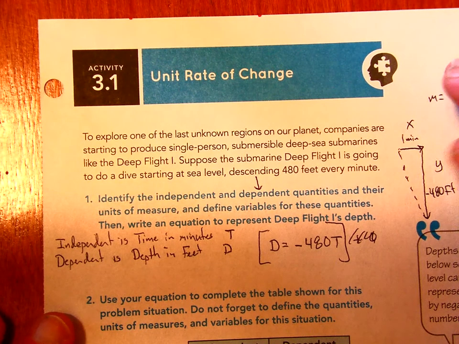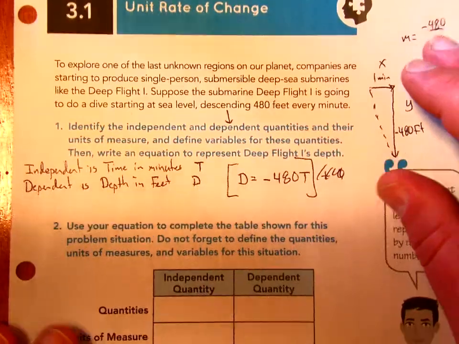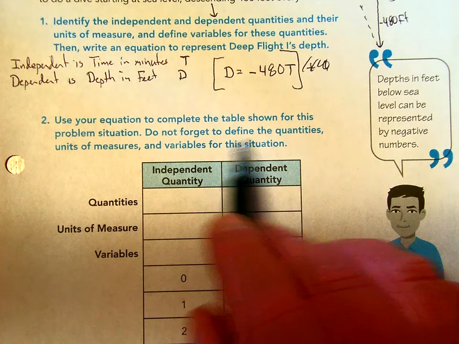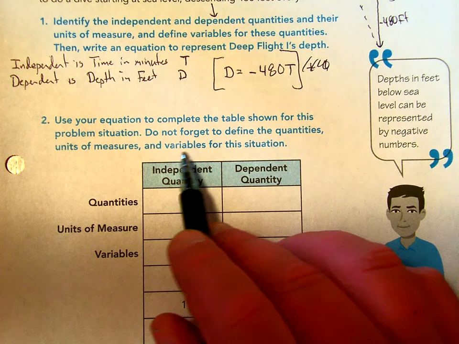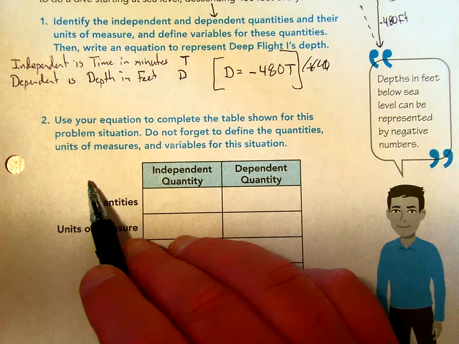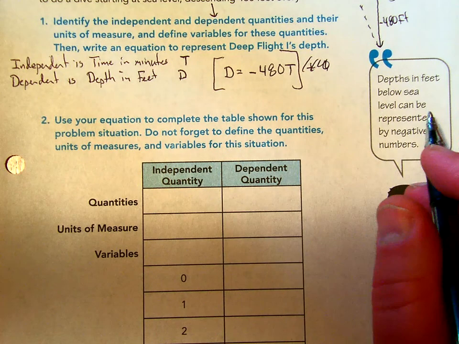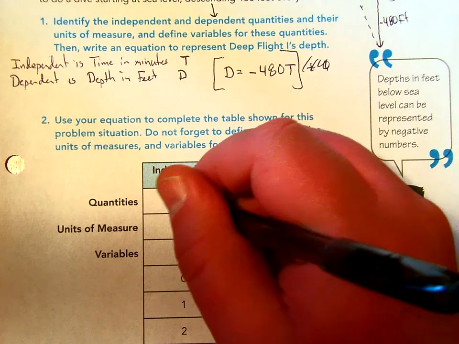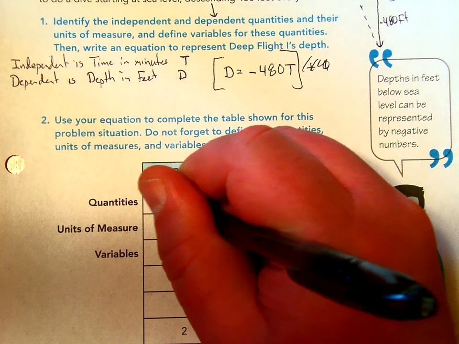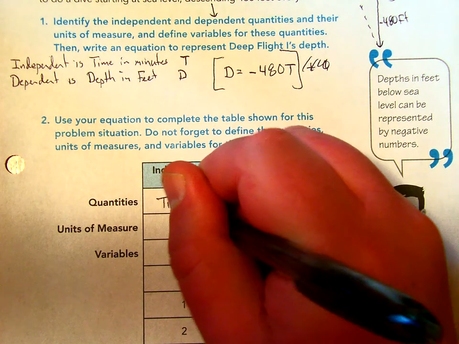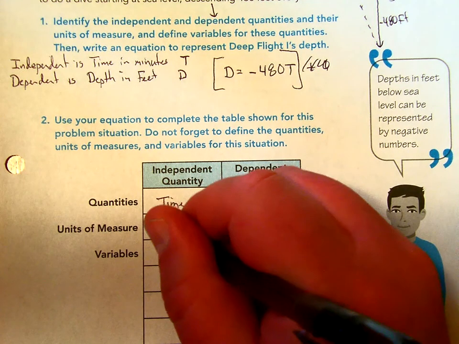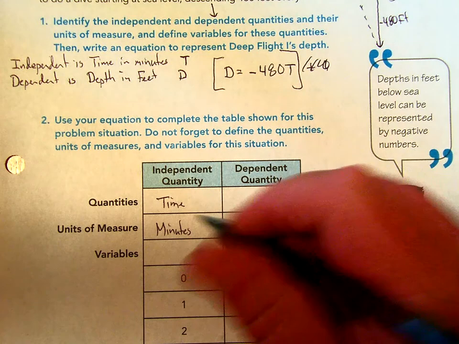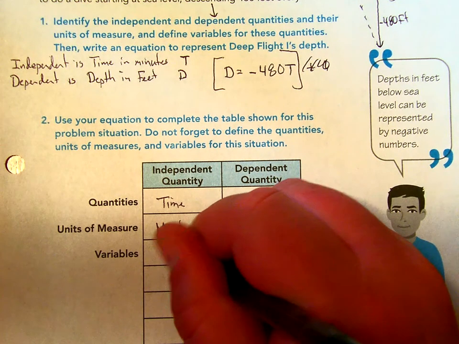In our graph, use your equation to complete the table shown for the problem situation. Do not forget to define the quantities, units of measures, and the variables. So our independent quantity, that was time. The unit of measure was in minutes. And the variable that we used for time, we used T. Our dependent quantity, that was depth.